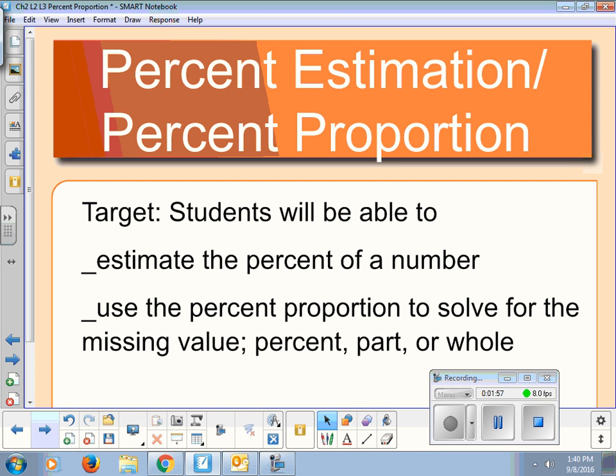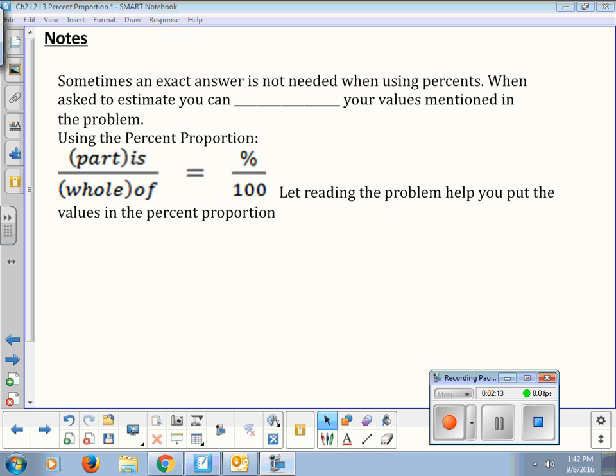For today's lesson, we're going over percent estimation and the percent proportion. Your target for today is students will be able to estimate the percent of a number and use the percent proportion to solve for the missing value. So you're either finding the percent, the part, or the whole. For our notes for today, sometimes an exact answer is not needed when using percents.